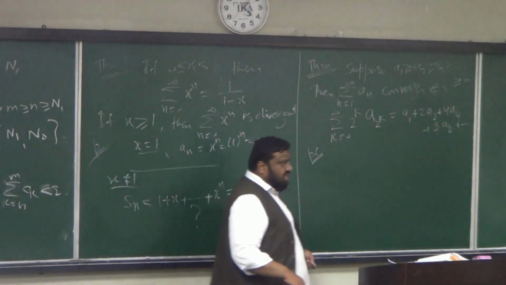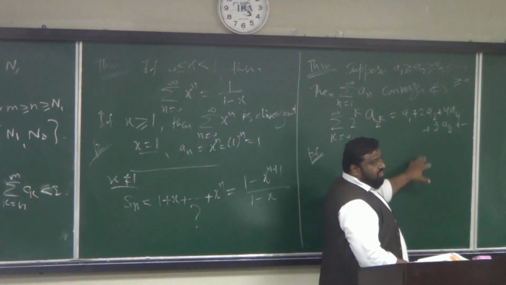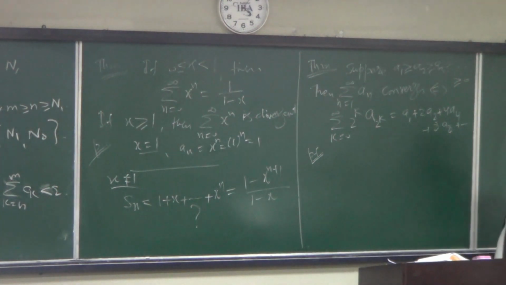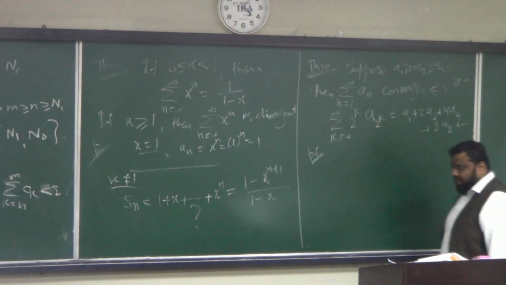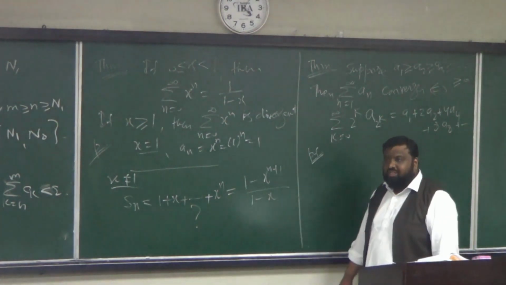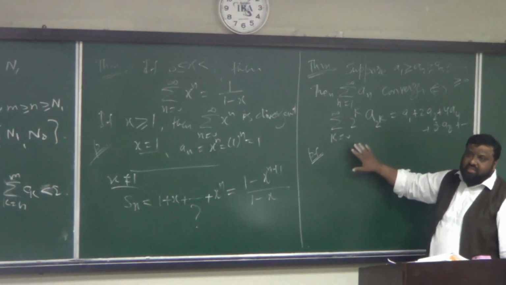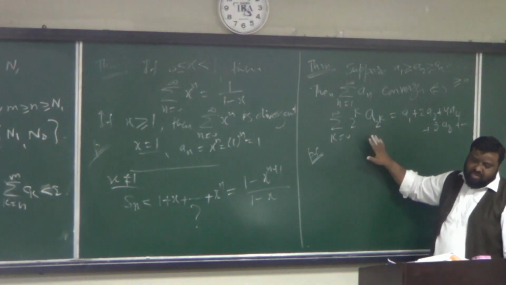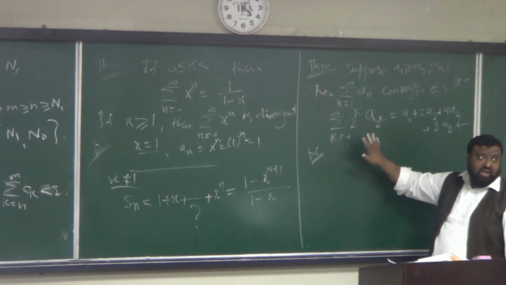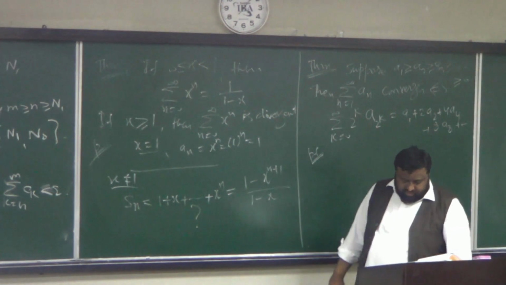Use the previous result. So by that theorem, it is sufficient to prove that the sequence of partial sums from this series is bounded. Let's take it.